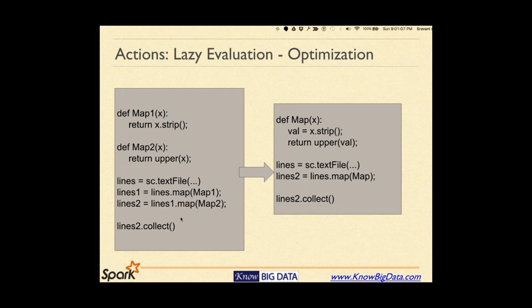So that's a benefit of having lazy evaluation. Imagine that had this been executed immediately, then this would get executed, then this would get executed. That means the function computation is happening twice, and whatever data transport happens will happen twice. Therefore, these kinds of optimizations are made possible due to the lazy evaluation of an RDD.